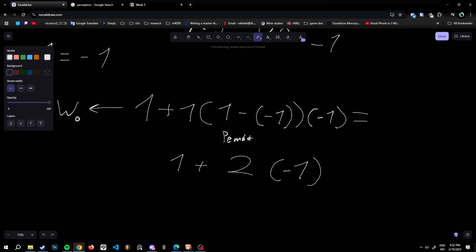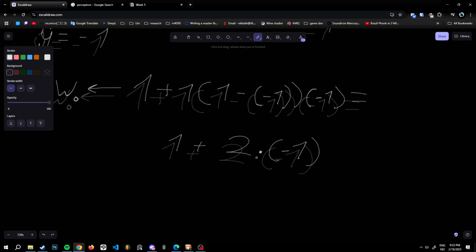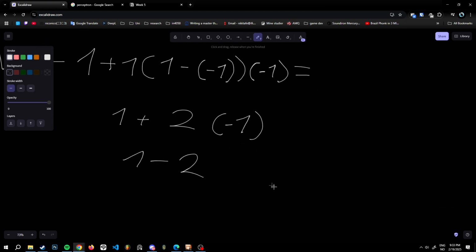Okay, this is like simple rules here. We do PEMDAS, so we do parentheses, exponentials, multiplication, division, addition, and subtraction. And so we do the multiplication here. So 2 multiplied by -1 is going to be -2. So 1 minus 2.